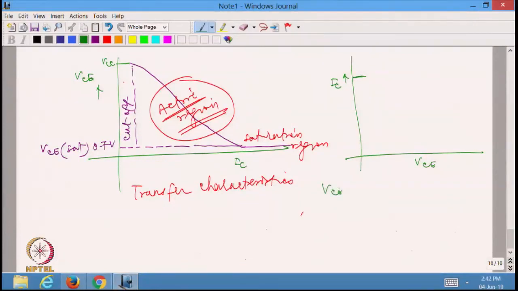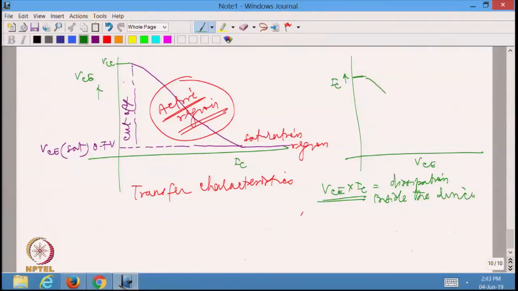So, VCE times IC is going to be the dissipation inside the device. Because please note, VCE is the voltage across the device between collector and emitter, and IC is the current carried by the device. So, the product of these two is the dissipation inside the device. As IC decreases, VCE will increase.